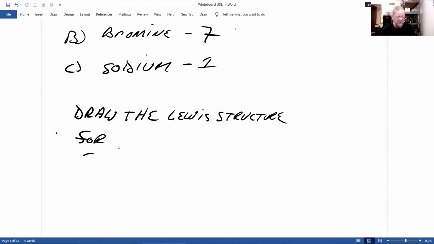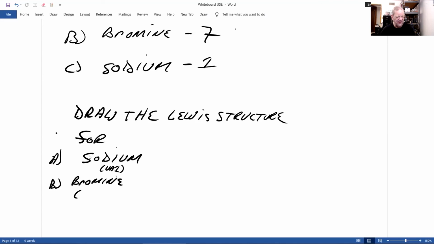for, well, let's do sodium. Remember, this is valence electrons. And then let's do more than 1. And let's do Br, bromine. Why? Because we already figured out this has 1 valence electron.